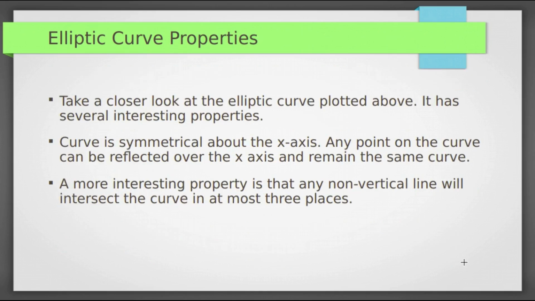Let's see some interesting properties of elliptic curves. 1. The curve is symmetric about the x-axis. 2. Any non-vertical line will intersect the curve in at most 3 places.